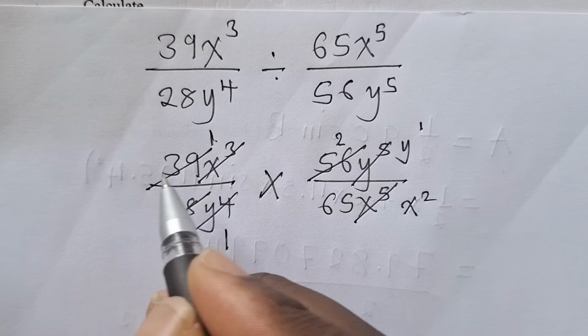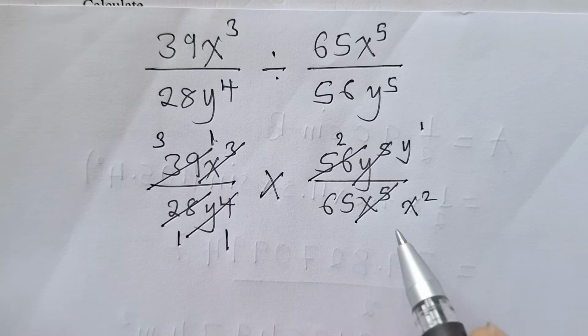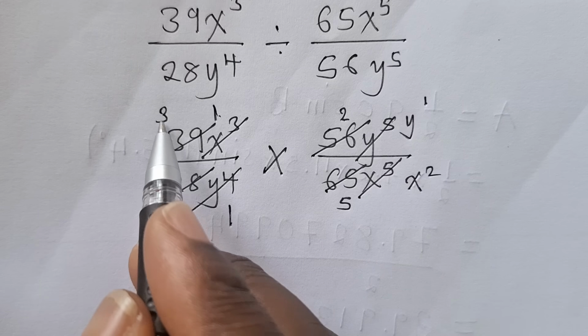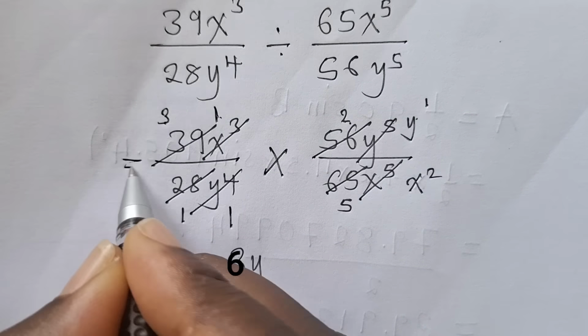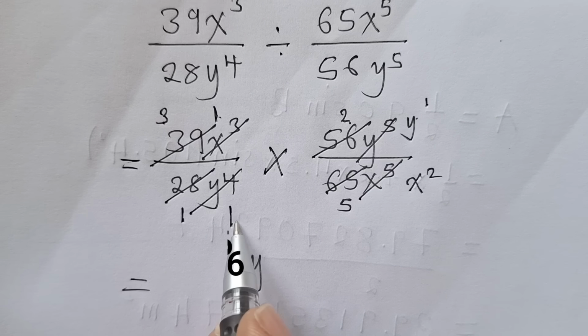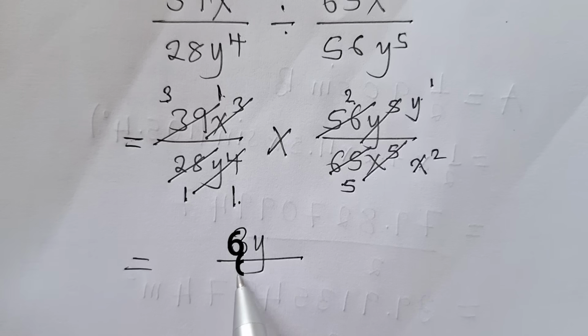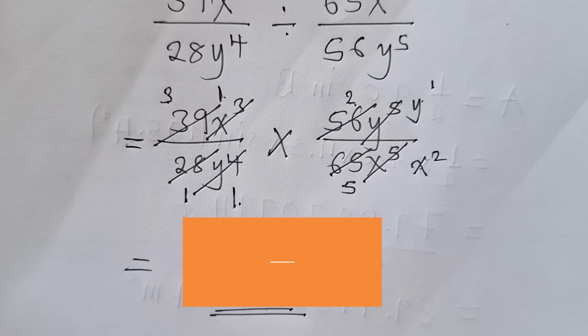And then 13 into 39, it will give us 3. Into 65, it will give us 5. So we've got 3 times 1 times 2 times y, and then 1 times 1 times 5 times x^2, it will be 5x^2. So this is our answer.